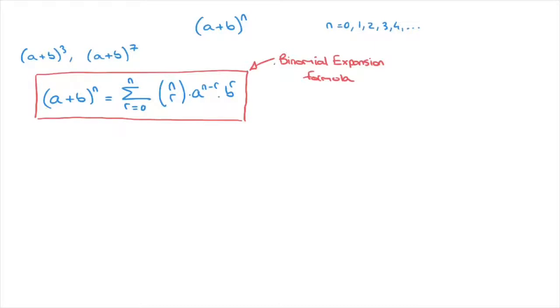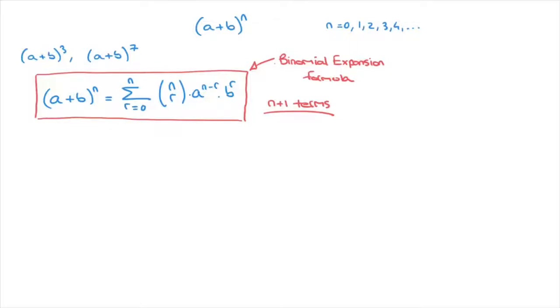One thing worth pointing out immediately is that when we write all the terms in the expansion of (a + b)^n, it will always have n + 1 terms. And this is important, and it's often asked in exam questions. So for instance, if we had to write all the terms in (a + b)^2, there would be 3 terms.